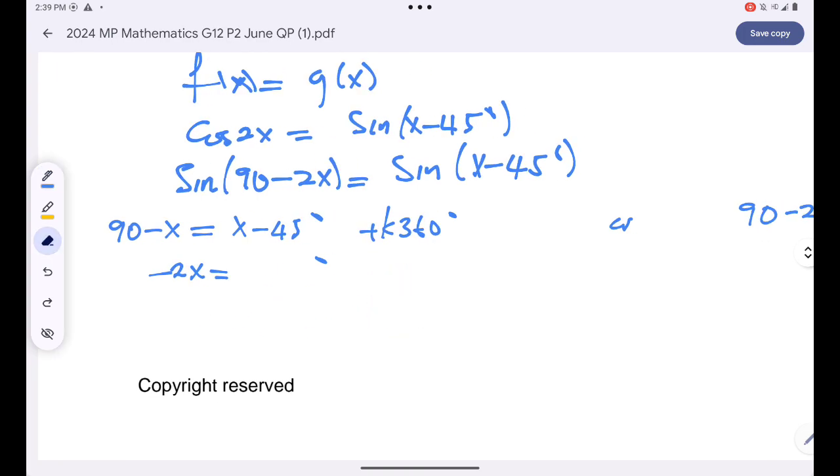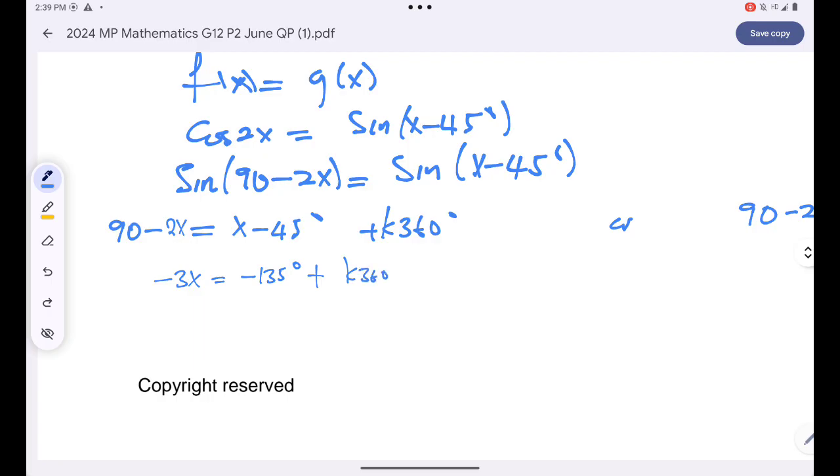Excuse me, guys, I forgot to write properly there. This angle is not 90 minus x, okay? It is 90 minus 2x. So that means I'll have negative 3x on the other side, and I'll have negative 135 plus k 360.